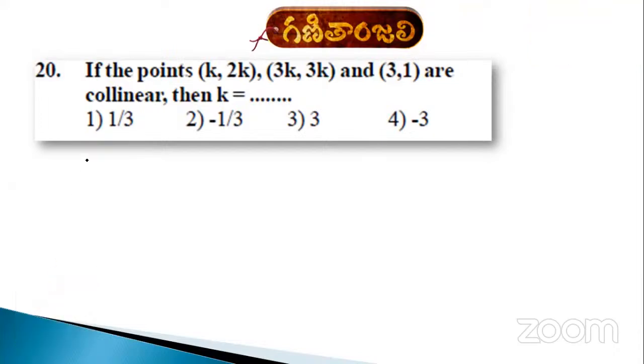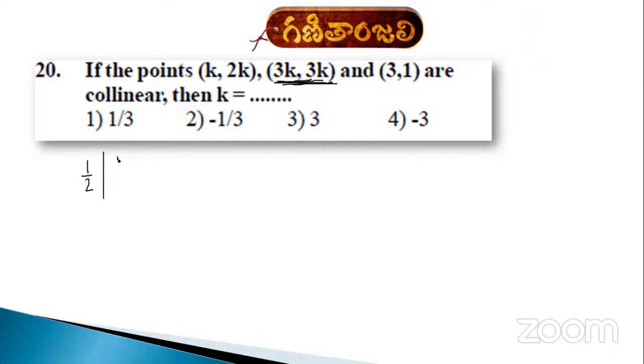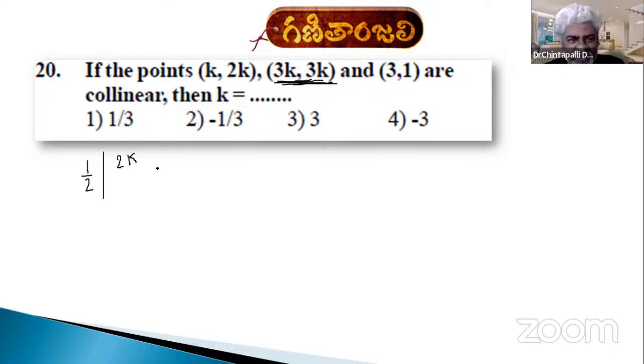Half times the determinant. Better to take this first point, 3K minus K, that is 2K, and 3K minus 3 minus 3, that is 3K minus 6... Rani, can you try this question?